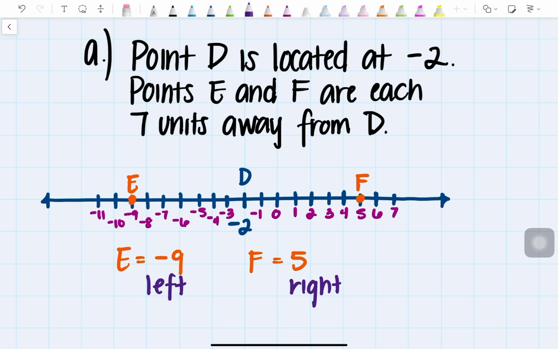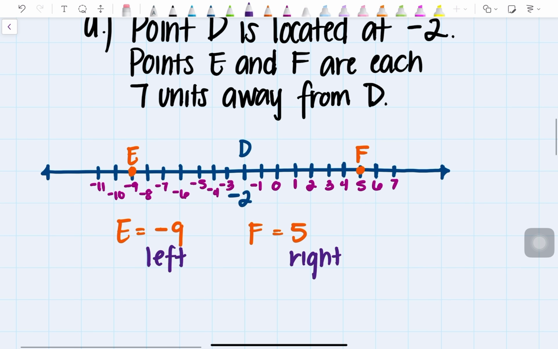So if they're telling me that I'm moving 7 units away from D on each side, I would actually be doing the value of D, whatever D is, which in this case is -2. Let me do that here. So I would be doing D plus 7.